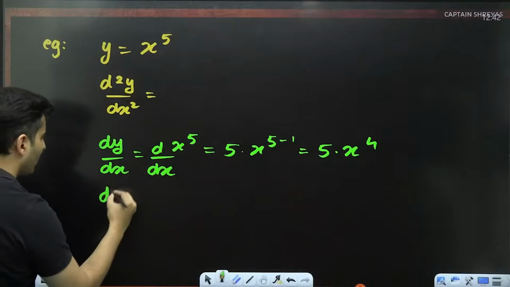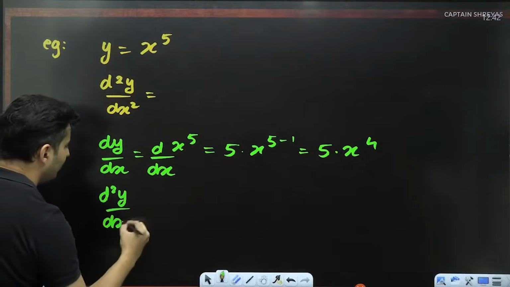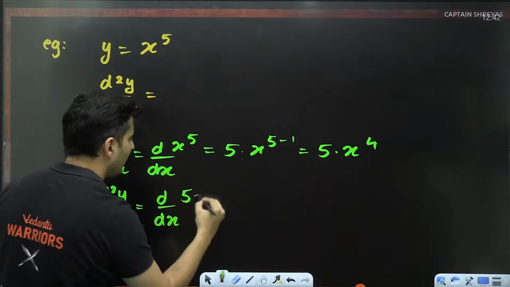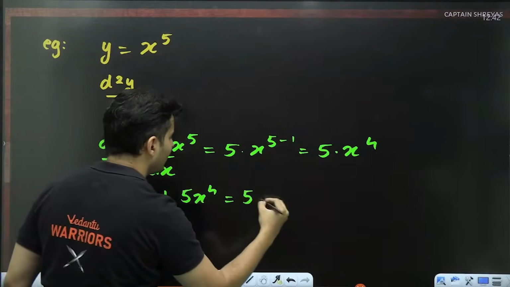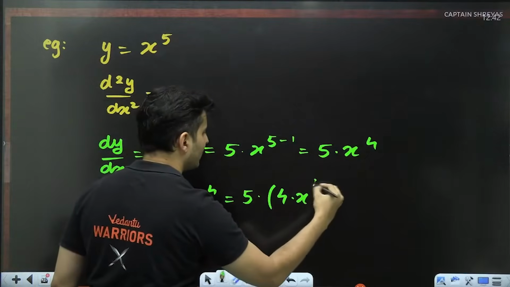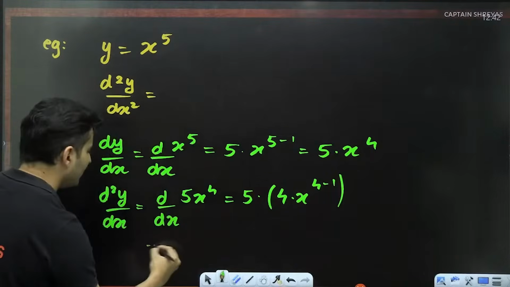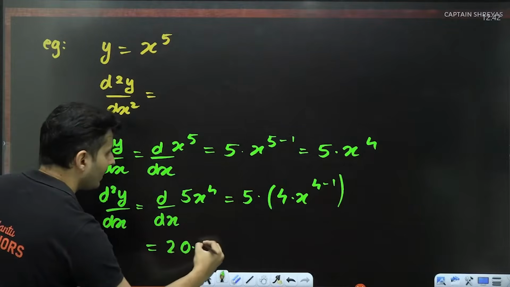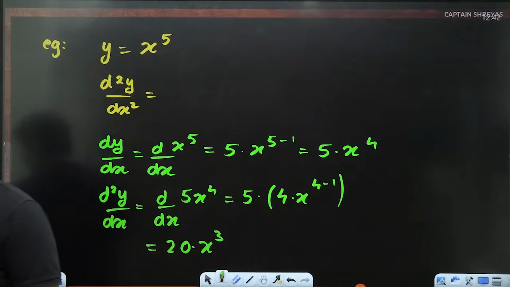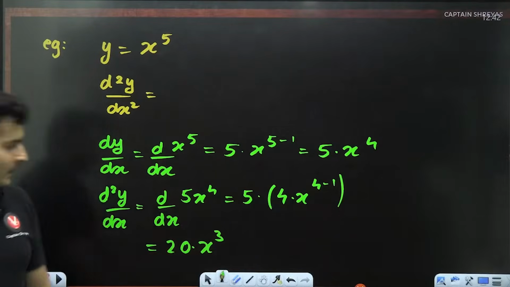The next step, to find the next derivative, you will find the derivative of this, 5 into x raised to 4. 5 comes outside. x raised to 4's derivative, 4 comes outside, x raised to 4 minus 1, which is 5 fours are 20 into x raised to 3. So 20x cube is the answer.